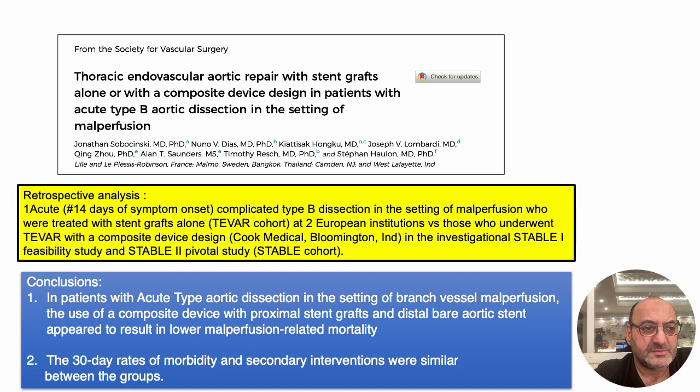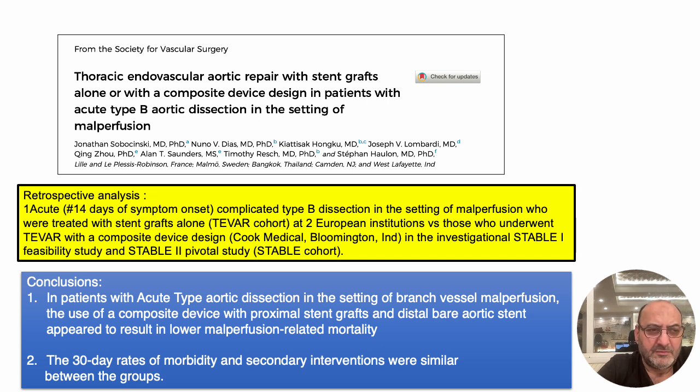What they found is that the patients who had a dissection stent had less mortality related to malperfusion than those who just had a TEVAR. The 30-day rates of morbidity and mortality or secondary interventions were similar between the groups, but the patients had less mortality from malperfusion.